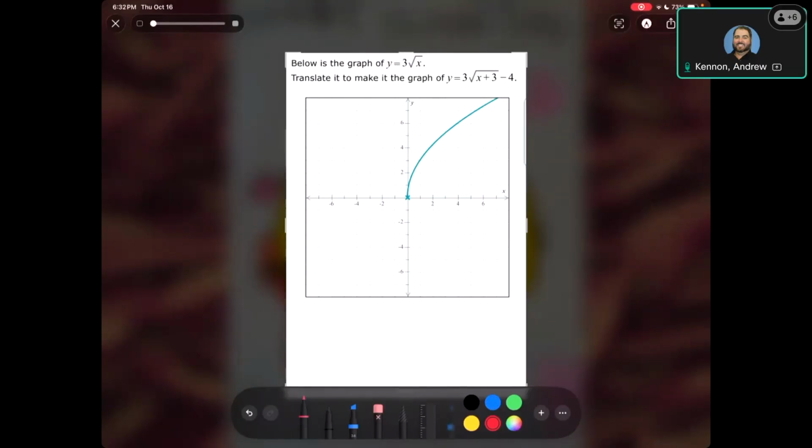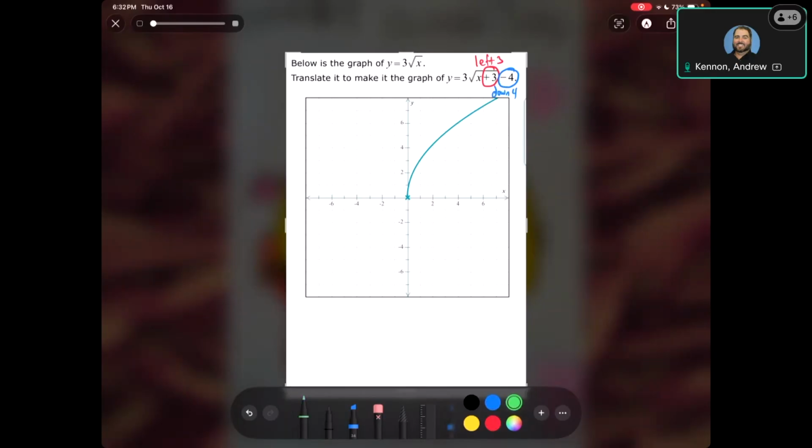So the easy part here is the +3. When you're on the inside, inside the radical, you always do the opposite. It's going to go left 3. The -4 here is going to move it down 4. On the inside, it goes left and right, and you think opposite of what it looks like. On the outside, it goes up or down.